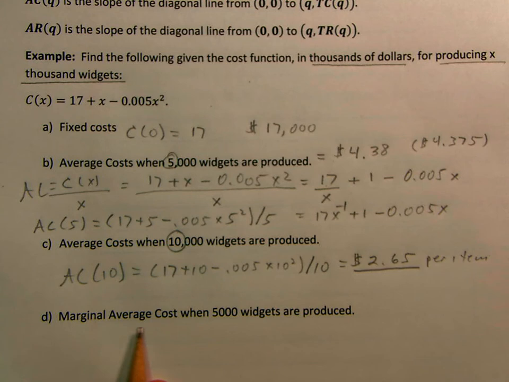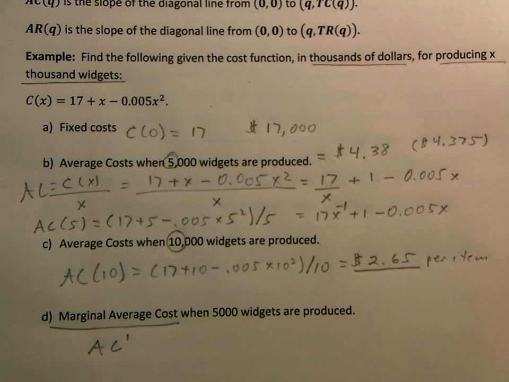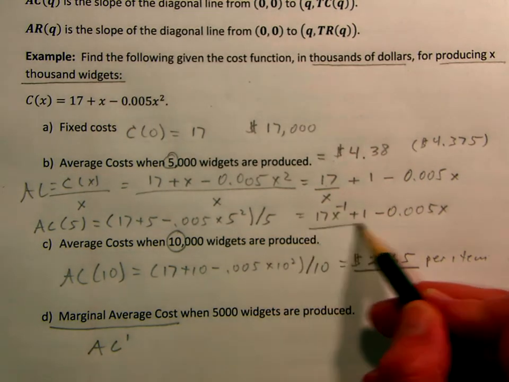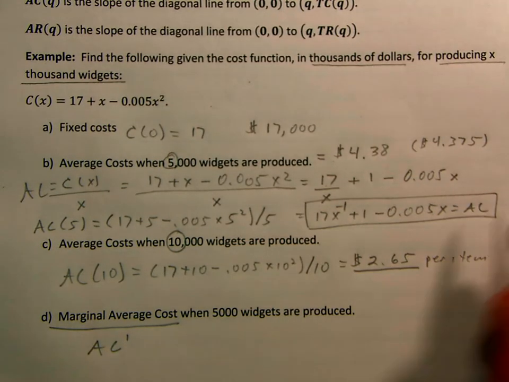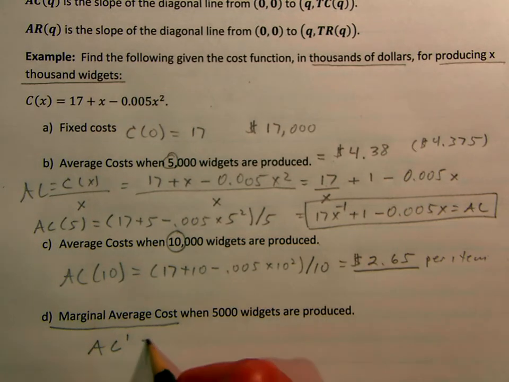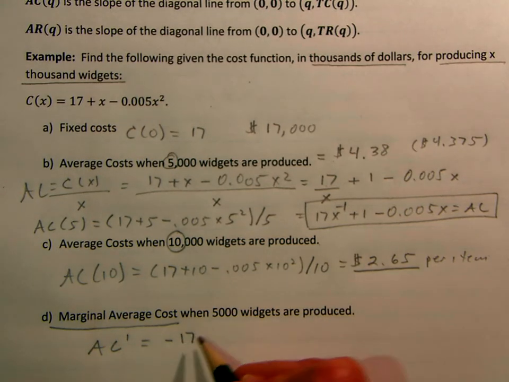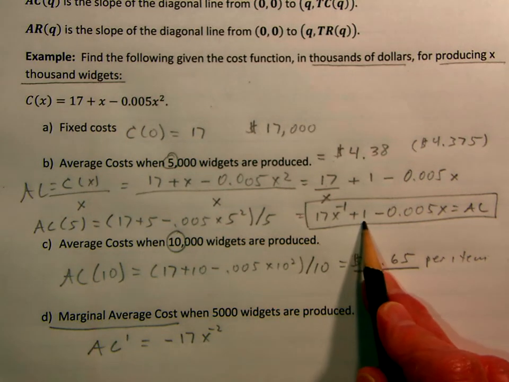Find the marginal average cost when 5,000 widgets are produced. Now that means the marginal average cost is the derivative of the average cost. And that is why I went ahead and translated the average cost function into exponential notation. Now I'm set up to take the derivative. The derivative of 1 is 0.